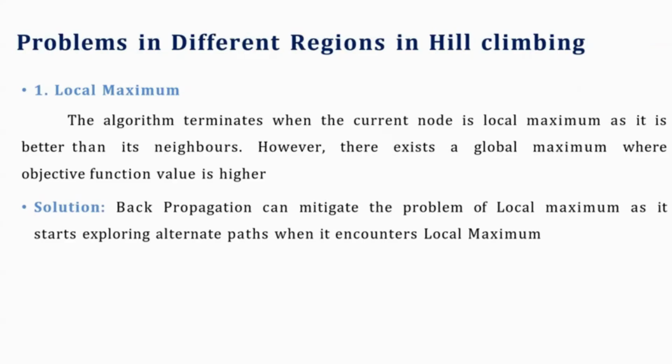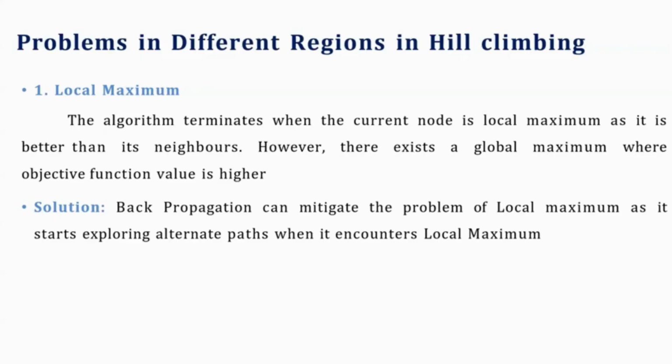First, local maximum. The algorithm terminates when the current node is a local maximum, as it is better than its neighbors. However, if there exists a global maximum with a higher objective value, the algorithm gets stuck because any move away from the peak leads to a worse state.